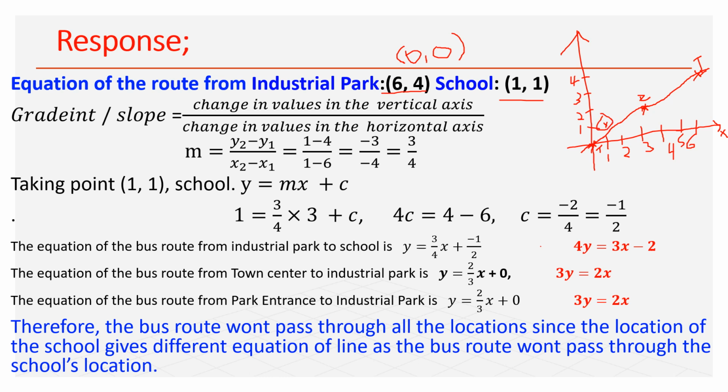The school is out of that bus route. So basically, if you are plotting as well, you will get the same response. Though here basically I wanted us to practice much of calculations to see that we get into this in good faith.